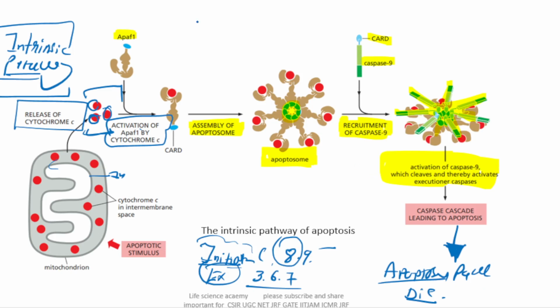In the next lecture, we will talk about some mechanisms which initiate and influence the apoptosis process in mammalian cells, and which genes down regulate apoptosis.